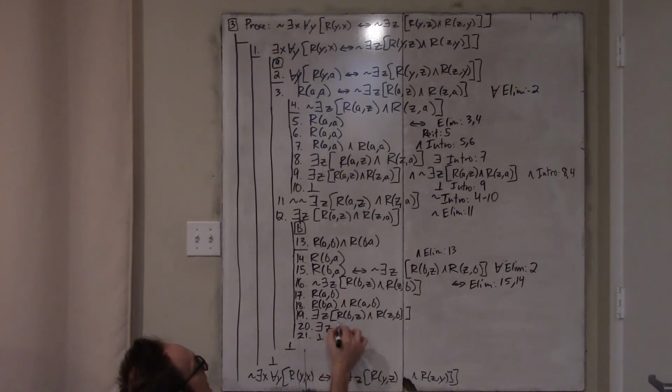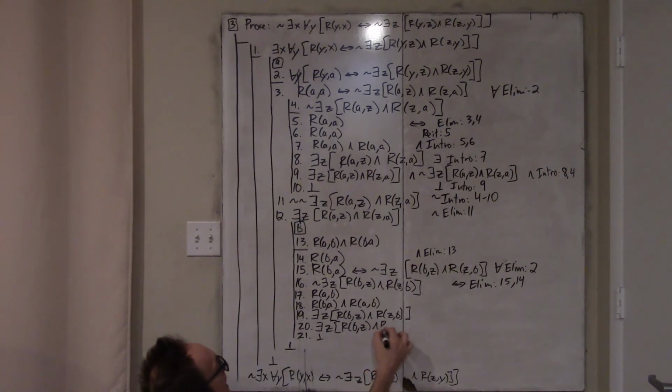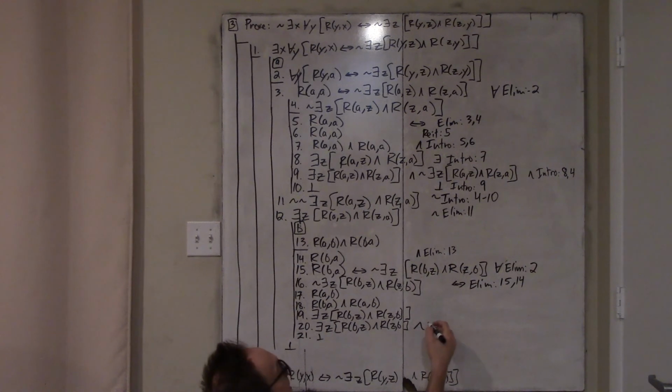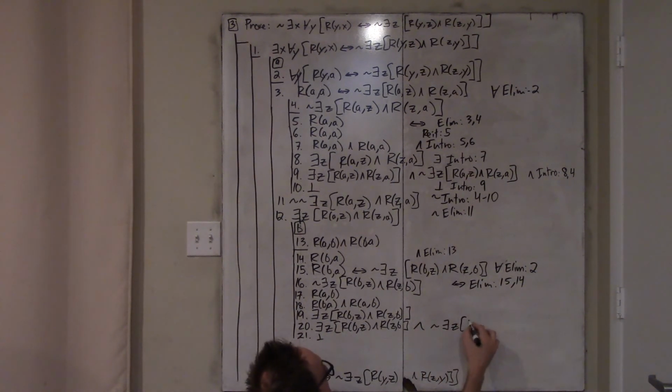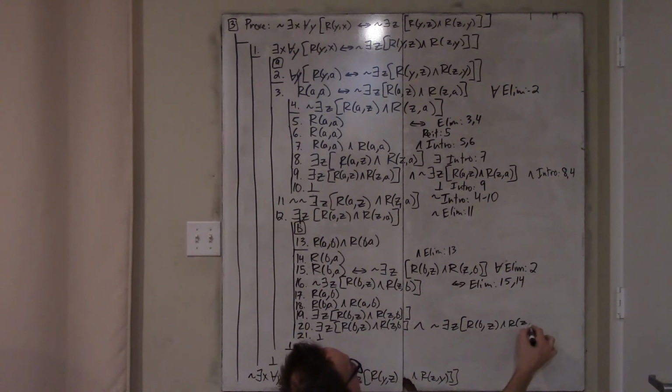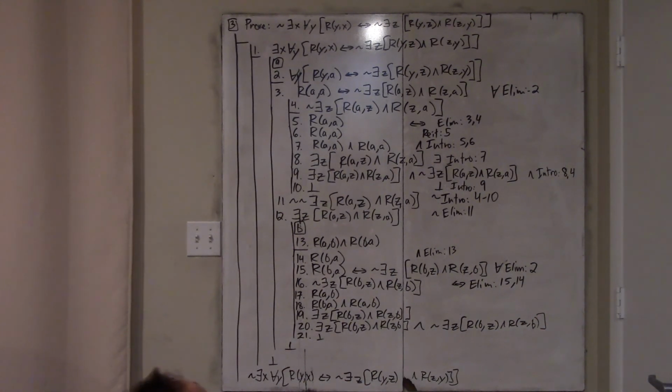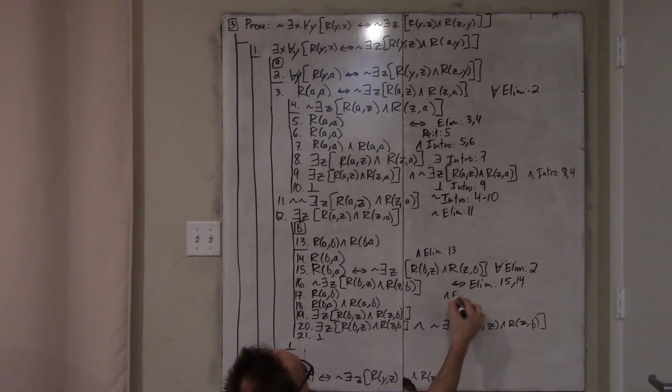So I didn't exactly run out of room, but got a little smushed. And RZB. And not the case that there exists a Z such that RBZ and RZB. Okay, so, where did all this come from? Line 17 just came from and elim 13.